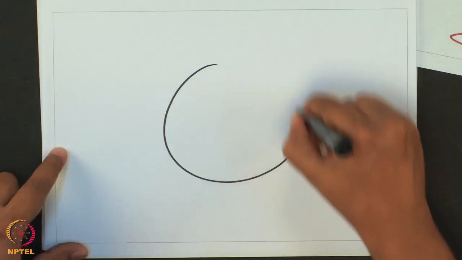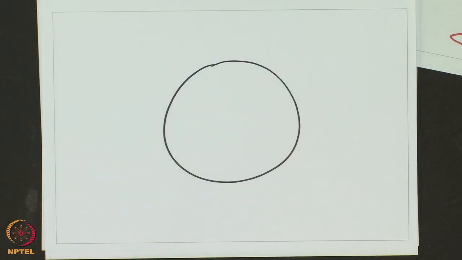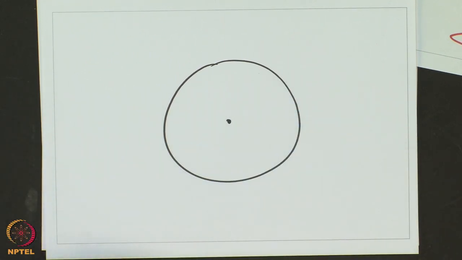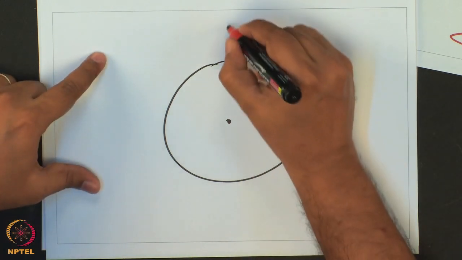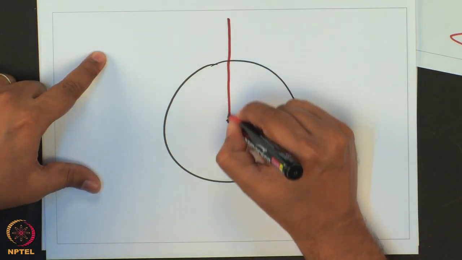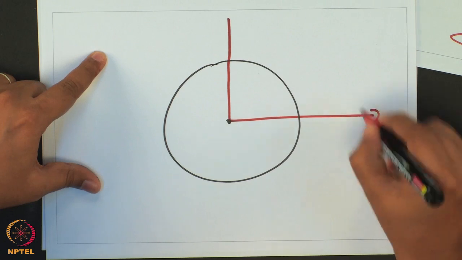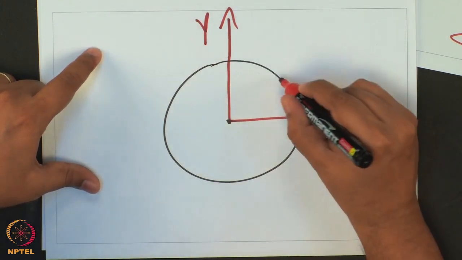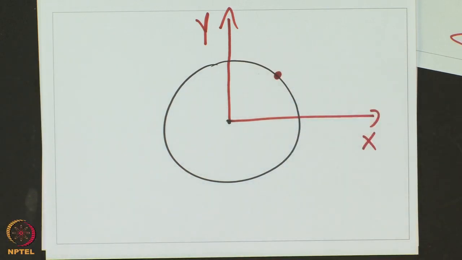So, let us consider a circle. At the middle of the circle I will put an xyz axis. So, let us have an x-axis and a y-axis here. So, this is my x and y, and this is a point on the cell.